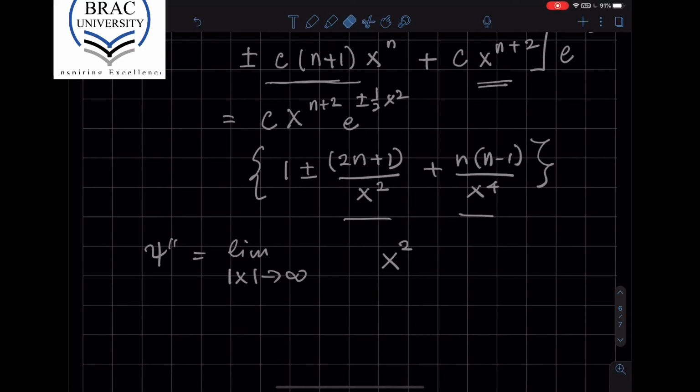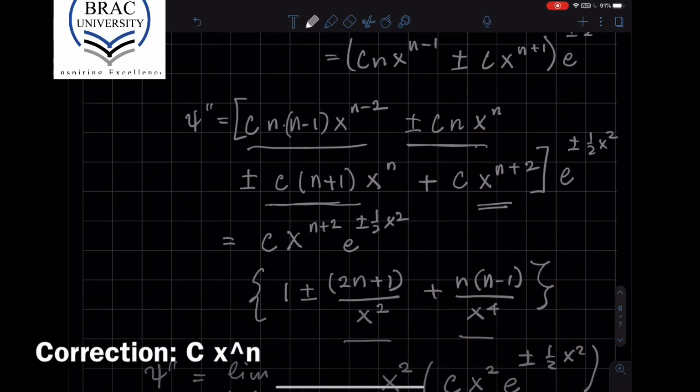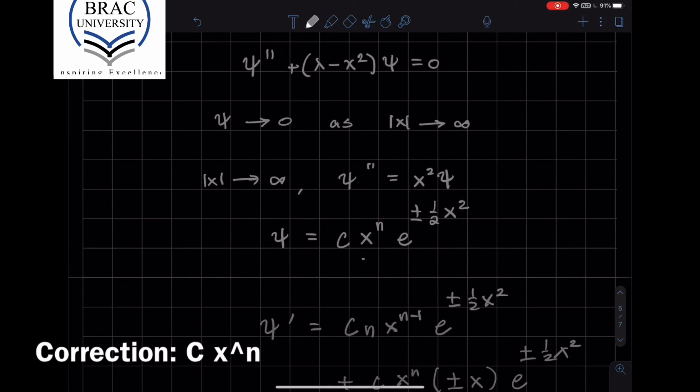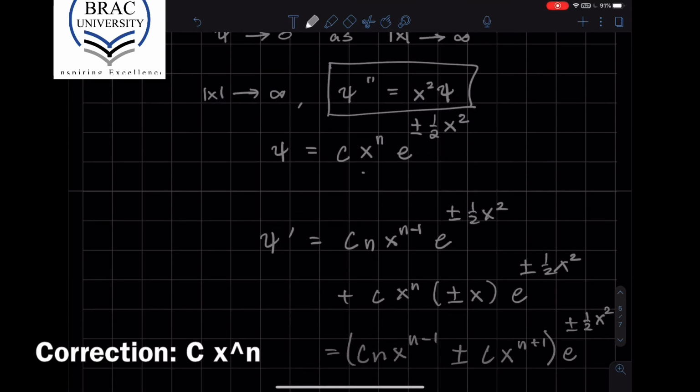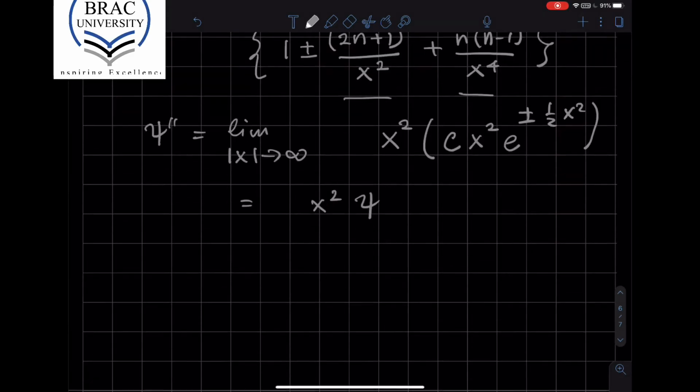Let's take the c inside the bracket, and we'll have c x squared e to the power plus or minus half of x squared. So this is going to be x squared psi. So we see precisely that this differential equation is satisfied by this solution. So this is the asymptotic solution.